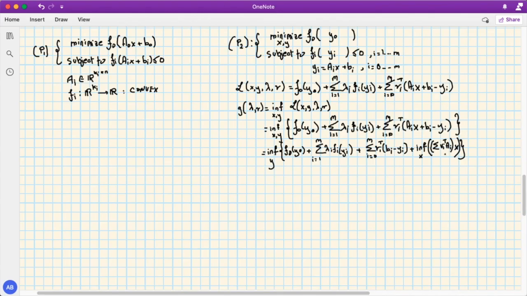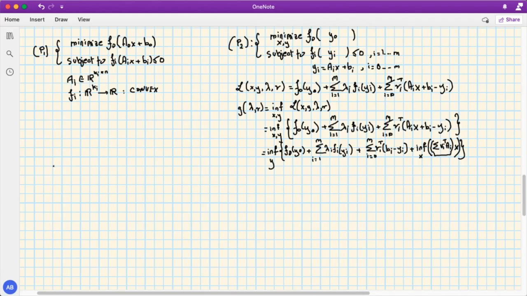So what is the infimum of this term? It is, of course, minus infinity in the general case if this term is not 0, else it is 0. So we're not going to be interested in the case where this whole term is pulled down to minus infinity. No, we're going to take the case where this guy is 0, okay?